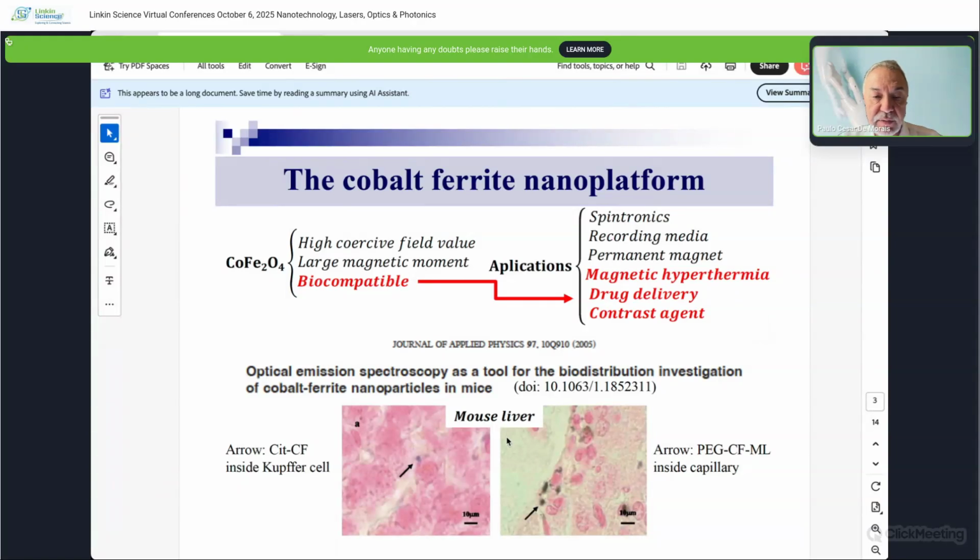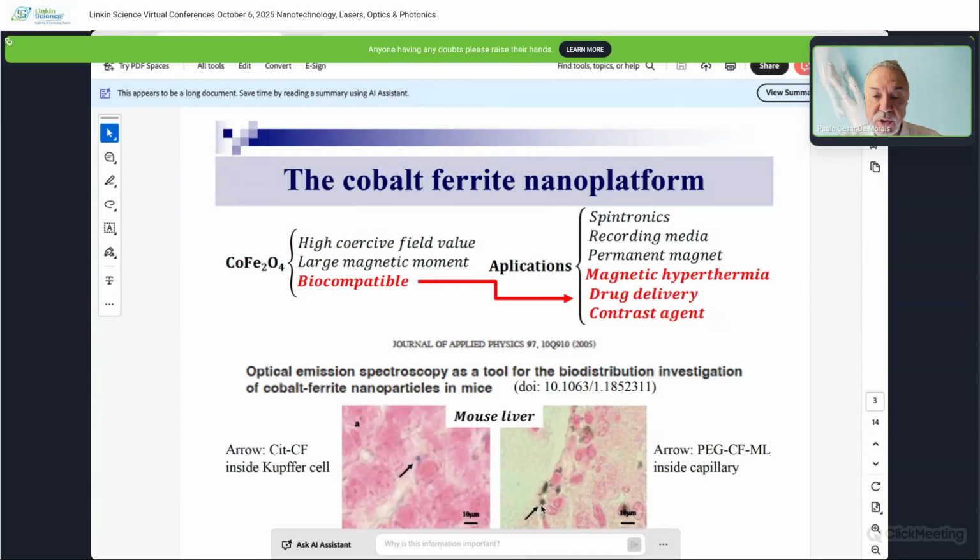in the mouse liver. On the right-hand side, in the lower part of my slide, this picture and the black arrow show actually cobalt ferrite nanoparticles inside a magnetoliposome surface coated with polyethylene glycol.